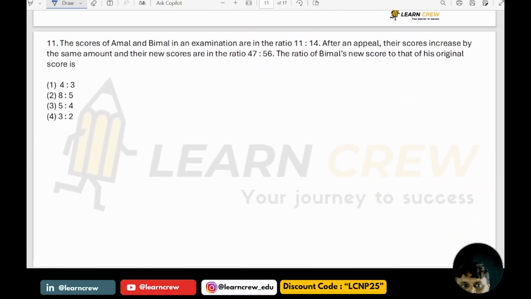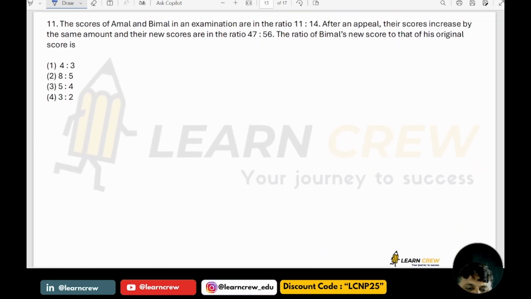Now next question. Question number 11. Please understand here what is given. The scores of Amal and Bimal in an examination are in the ratio 11 is to 14. After an appeal, their scores increase by the same amount and their new scores have become 47 is to 56. The ratio of Bimal's new score to that of his original score is how much?